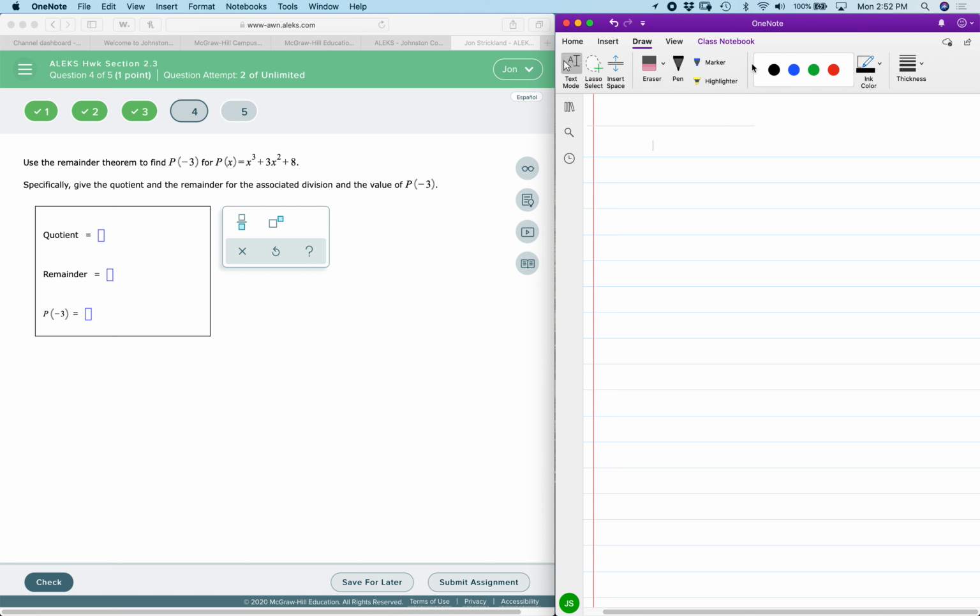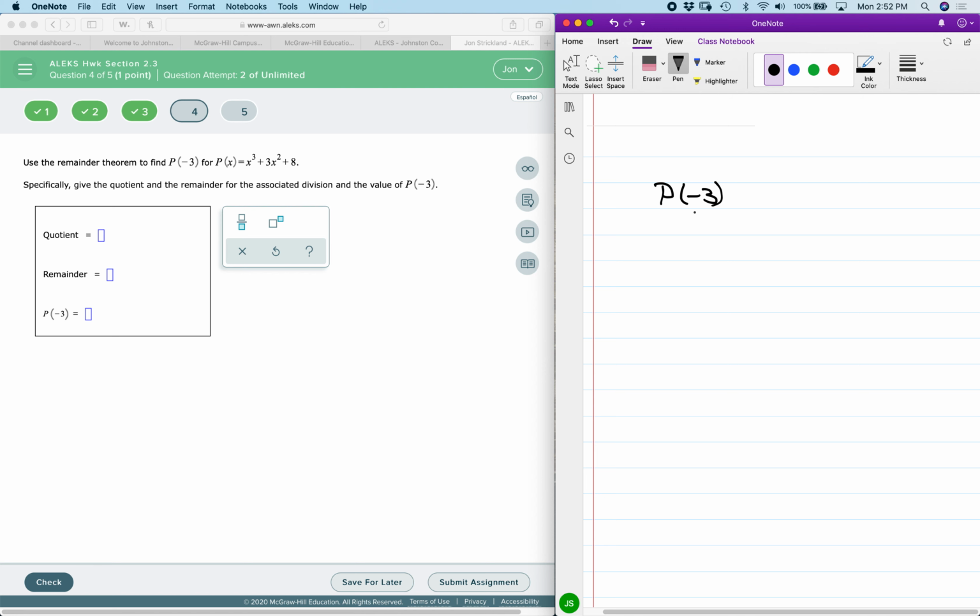Okay, for number 4, it says to use the remainder theorem to find p of negative 3 for p of x equal to x cubed plus 3x squared plus 8. Now we're looking for p of negative 3.